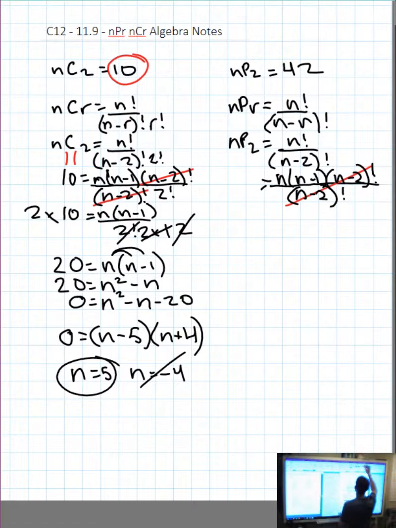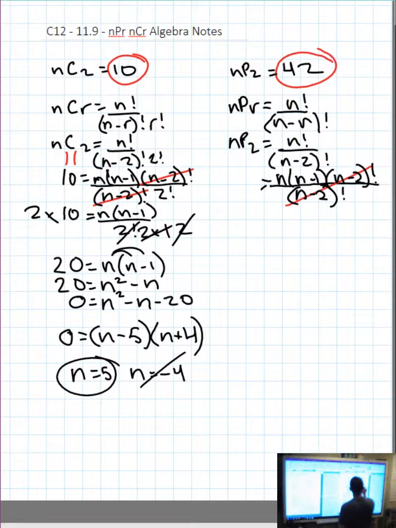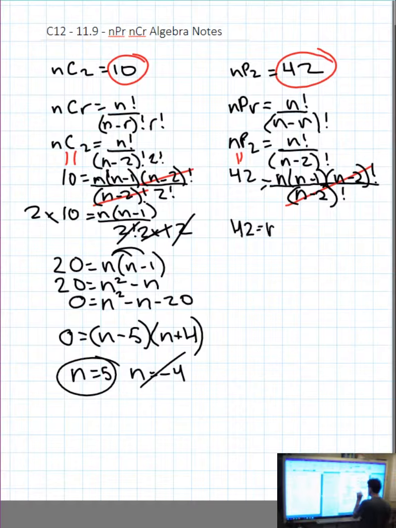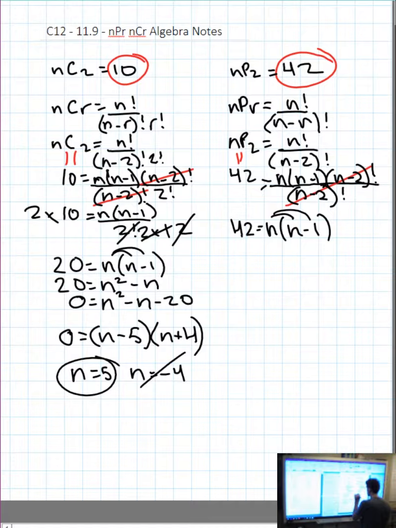And on the left-hand side from the given information, I know NP2 is 42, so I'm going to substitute 42 in for the left-hand side NP2 because they're equal to each other. So then I can clean it up. 42 is equal to n open bracket n minus 1. I can distribute, therefore 42 is equal to n squared minus n.